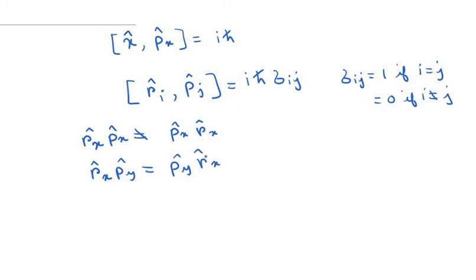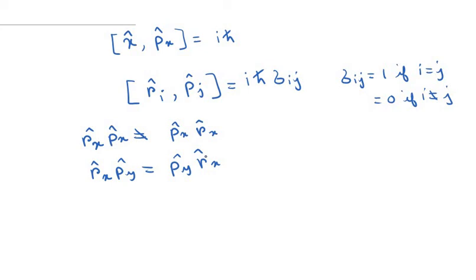And to give you a simple example, this basically means that you can measure the position of the particle in the x direction and the momentum of the particle in the y direction at the same time. Again, I repeat that if two operators do not commute, this means that you cannot simultaneously measure the values of those two operators.